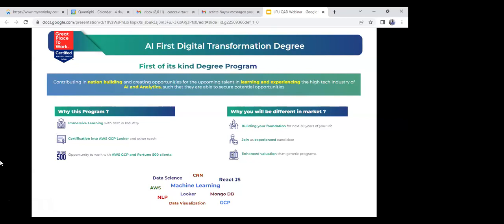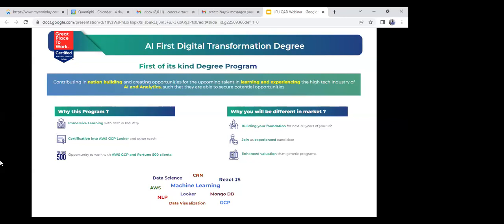Certifications in GCP, AWS, Looker, and other tech. Like how I and Bhupender sir today have an opportunity to do these certifications, when you join this program, you also will have an opportunity to do those certifications at the cost of Quantifi. Neither LPU nor the student is going to pay that certification cost. Quantifi will do that. All right.